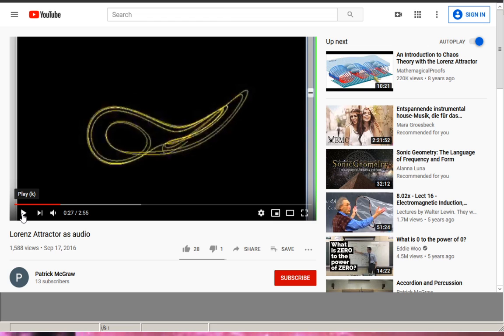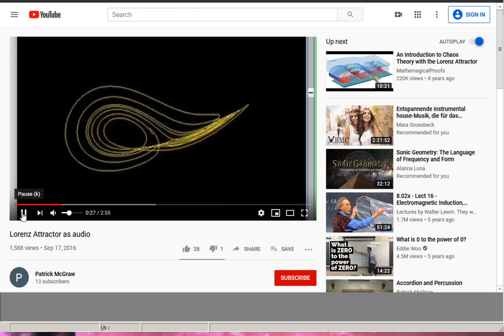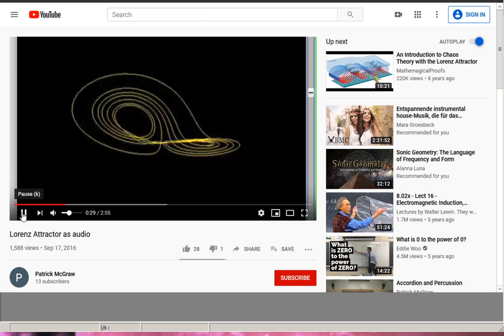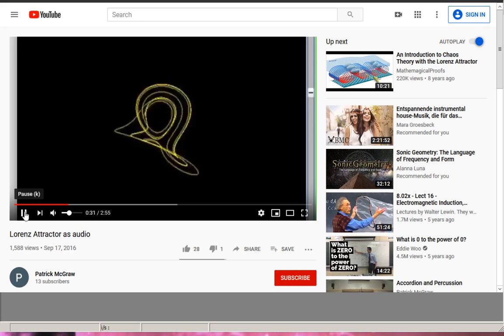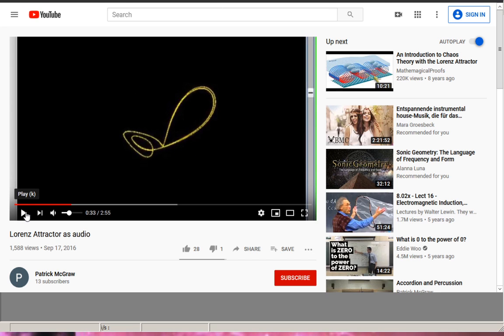Okay, this one makes a little more sense, meaning that when this thing is going chaotic, you hear noise. When it's a single line, you hear a tone. That's like a fundamental. See right there, you can hear a tone.